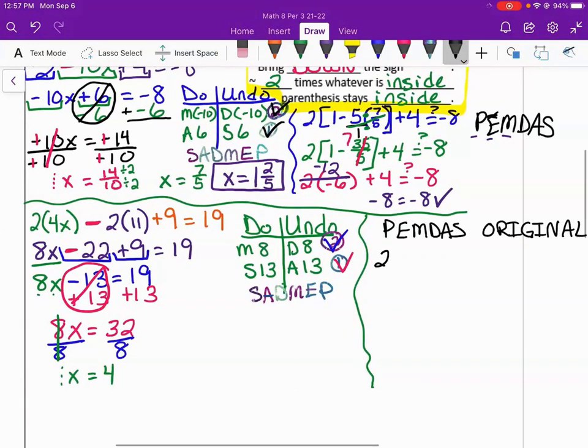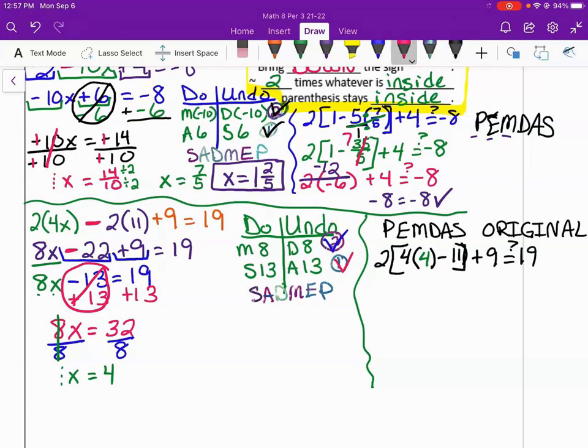So I have 2 times 4, and then what I think my answer should be, which is 4, minus 11, oops, that's a bracket, sorry, plus 9, question mark, equals 19.